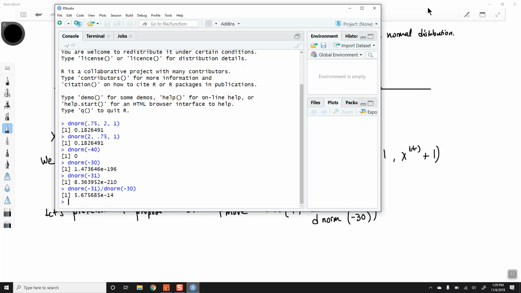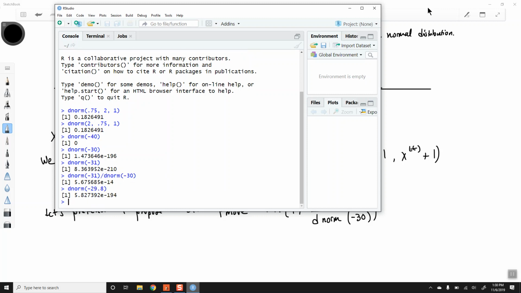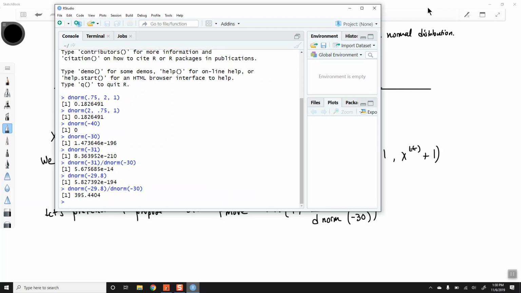However, if I propose anything greater than minus 30, like negative 29.8 or negative 29, then if I do dnorm of negative 29.8 and compare that to dnorm of negative 30, it's way bigger than 1.